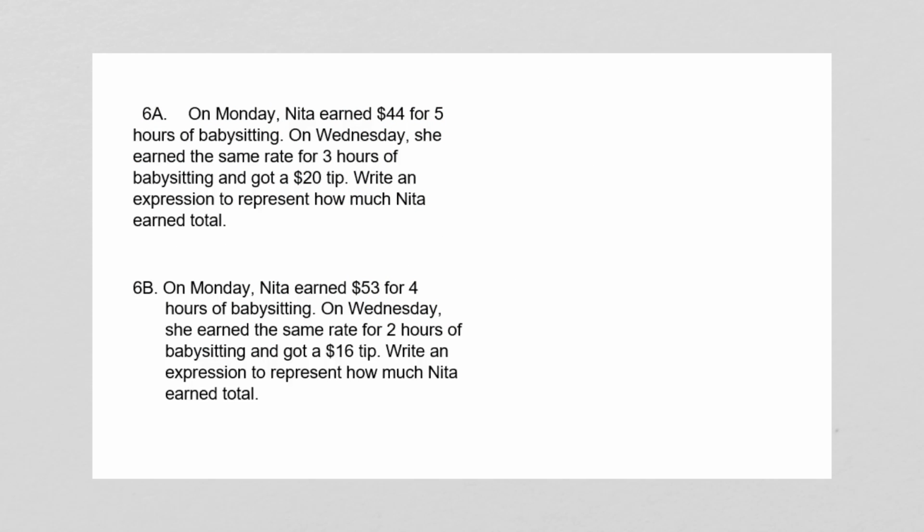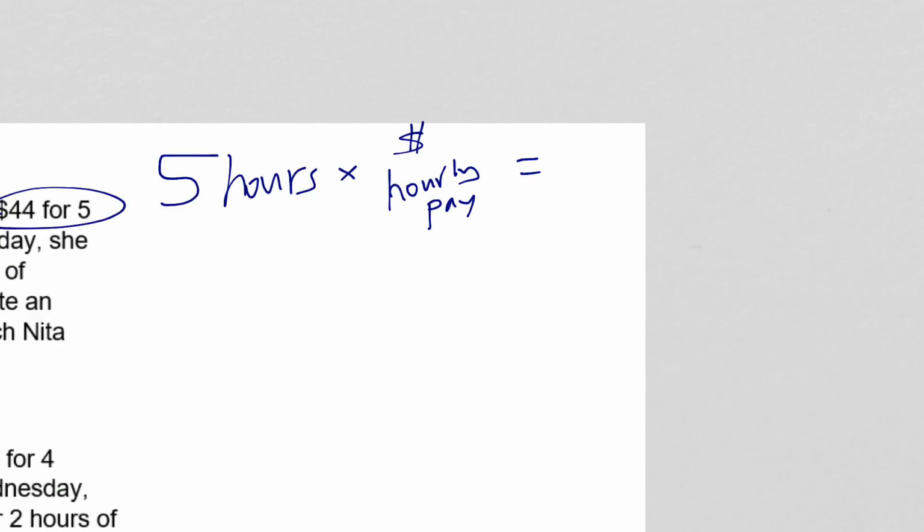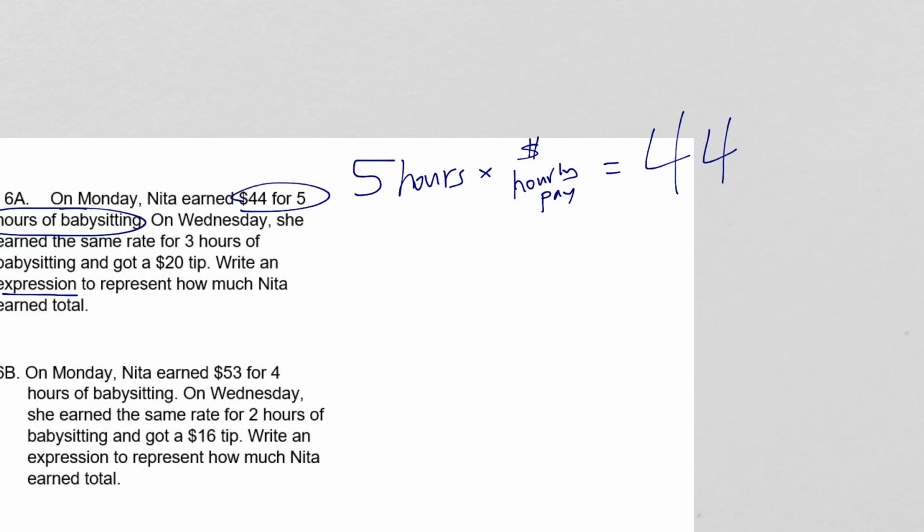6A and 6B are pretty much the same thing. I'm going to just solve one of them, but I don't expect you to make this question complicated. We need to find what she earned per hour for babysitting. If you just look at the first sentence, it tells you that she worked 5 hours times her hourly pay equals what she got paid for the 5 hours.